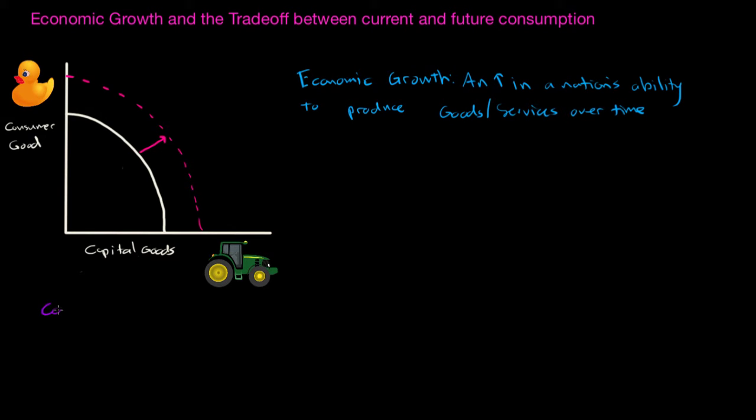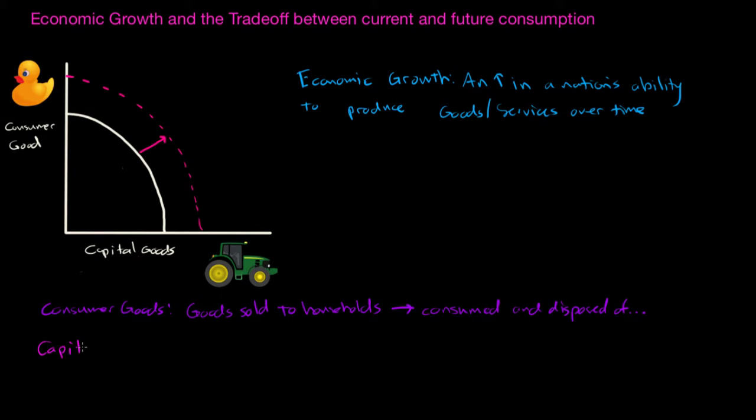Let's define consumer goods and capital goods before moving on with our analysis. A rubber ducky in our PPC is a consumer good. This is a good intended to be sold to households. Consumer goods are used for consumption, and ultimately consumer goods are disposed of. How does this contrast with capital goods though? Capital goods are a bit different.